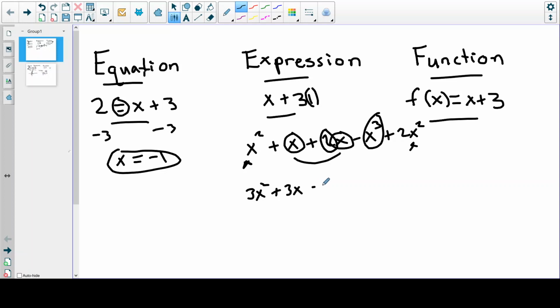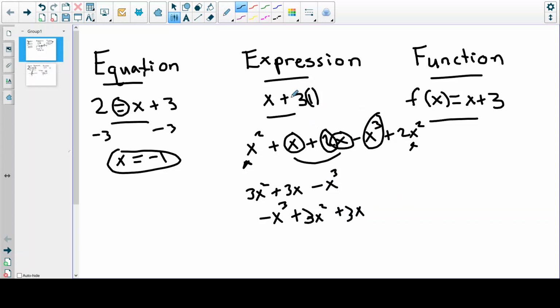And then you're going to tack on the rest that can't be simplified, which would be minus x to the third. Now, some textbooks will want you to simplify this by putting it in order. So you're going to put the highest x to the n term first, and this would be 3x to the second plus 3x.